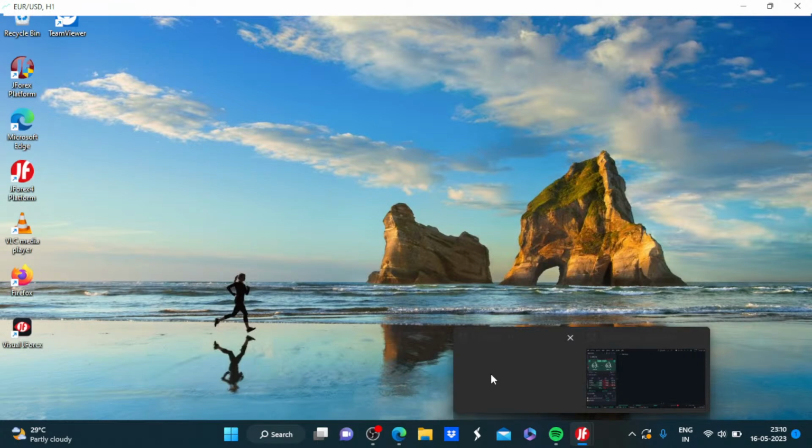Then we can simply leave the calculation to the platform, which will carry out the calculation on our behalf and plot this indicator. That makes our job a lot easier and a lot less time consuming.